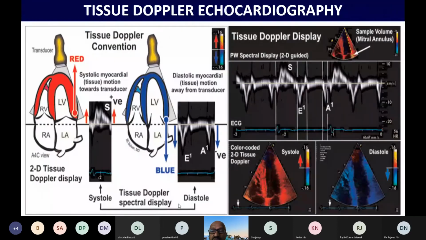And coming to tissue Doppler velocities, here low amplitude, high frequency Doppler signals are separated and removed, and you are looking at low velocity, high amplitude movement of tissues.